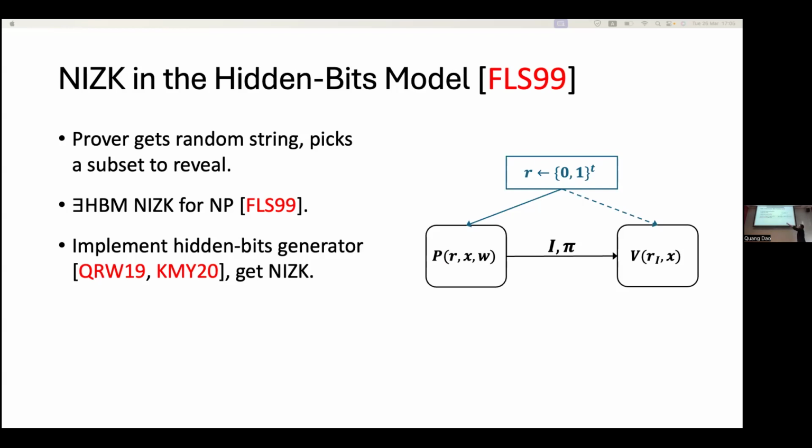Then the prover, after seeing the random string, the witness and the instance, picks a subset of bits that will be revealed to the verifier. So here it's not symmetric, unlike the CRS model. The prover sees the entire string, and the verifier only sees what the prover allows.